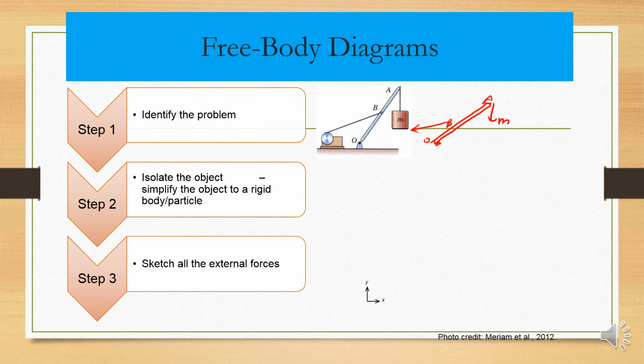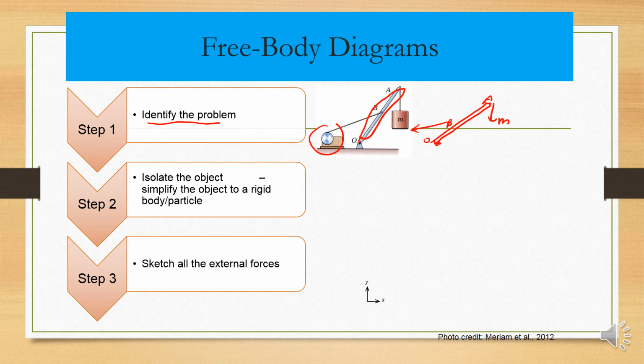You have to identify from the problem what our reference is. Is the question referring to this part or this part or any other part? Which one is the object or particle that we want to consider from the question's point of view?